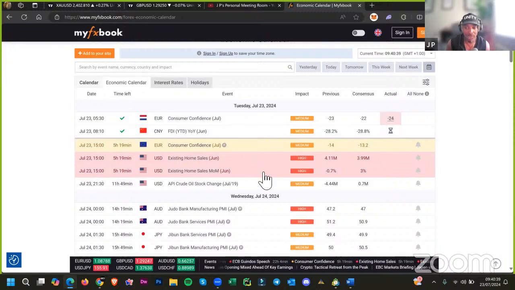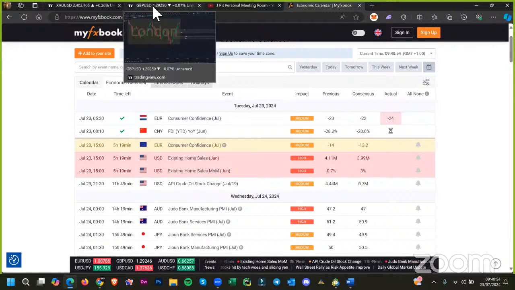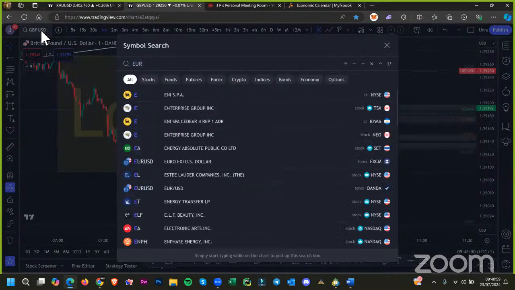I don't know if Al wants to say anything about the markets at the moment. We've got Biden's gone. Home sales lets you know how many sales of new houses, new properties there are, which is another indicator of how well an economy is doing.